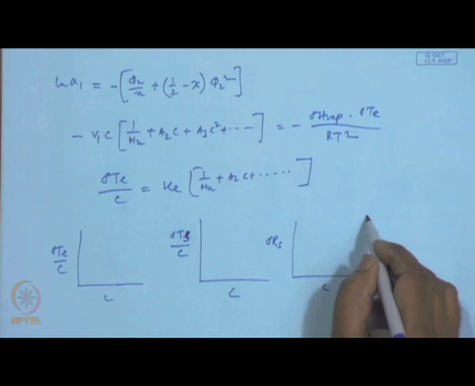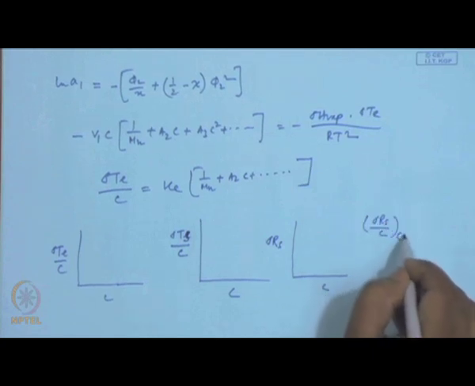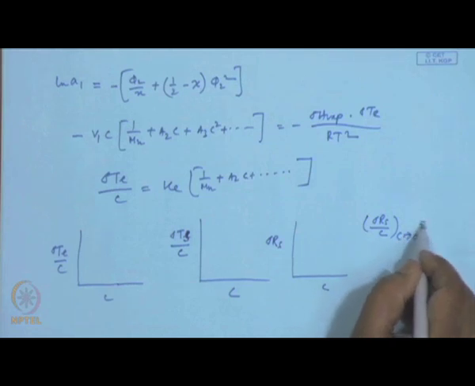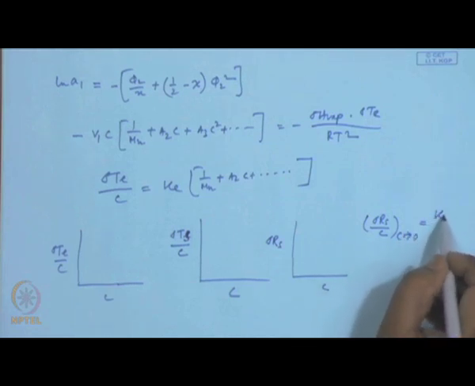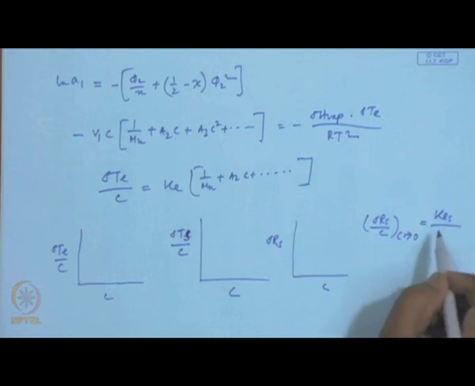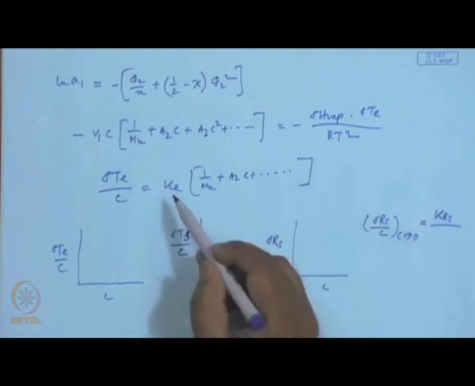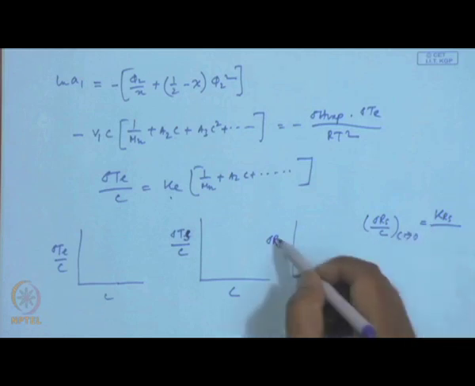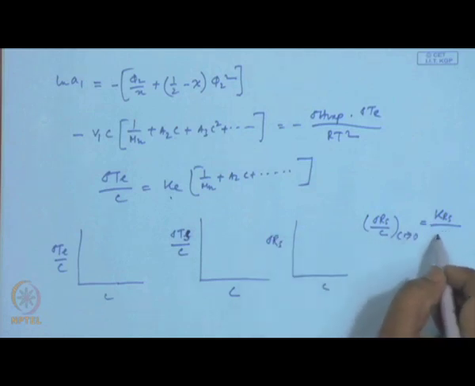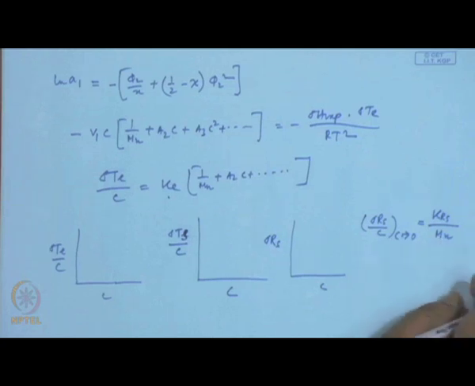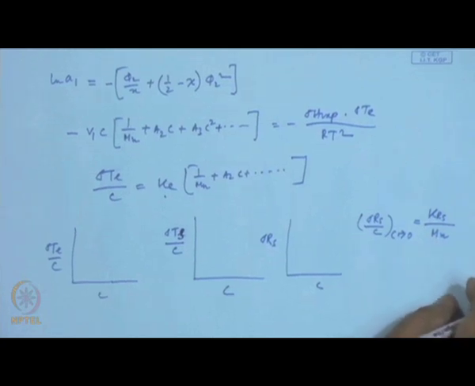So, finally, delta Rs by C at C equal to 0 will give you the K Rs, which is this K for the resistance case by Mn. So, we know this, and we can get the molecular weight Mn for the unknown sample.